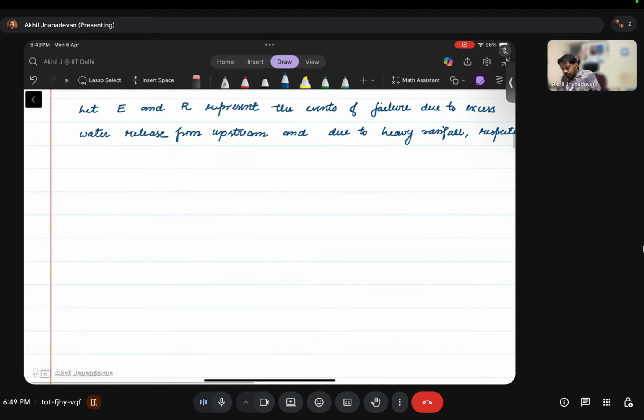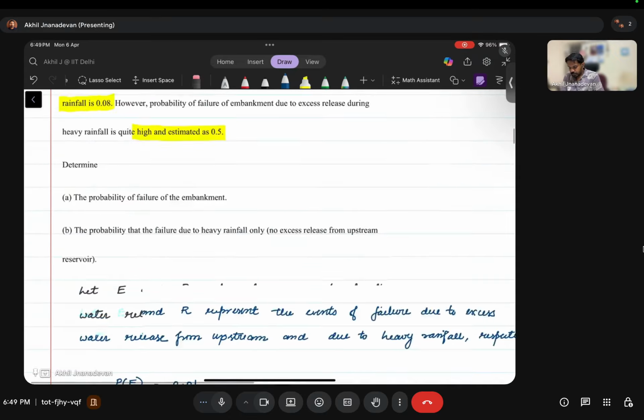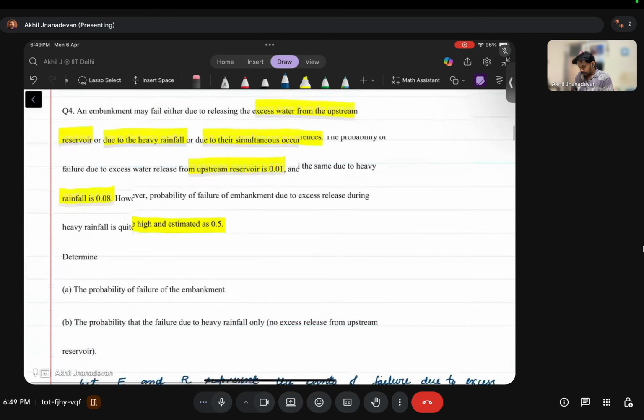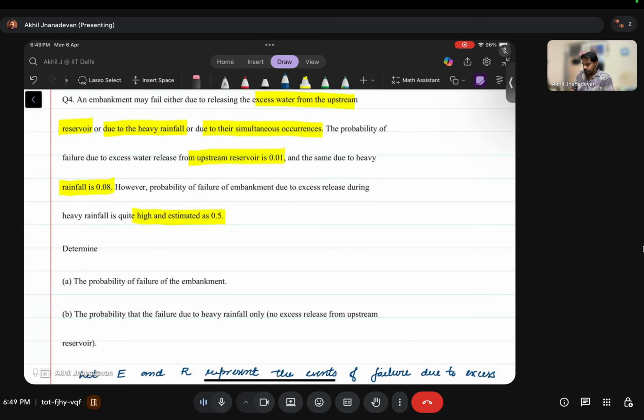So E and R are already given to you. Probability of E is 0.01, it is given, and probability of R is also given as 0.08. And 0.5, what is 0.5?